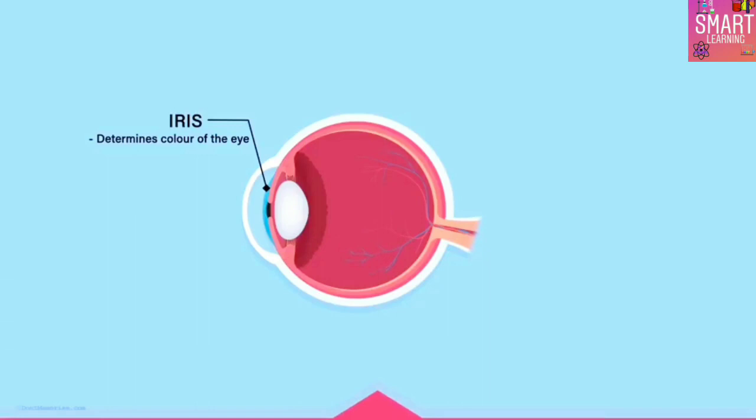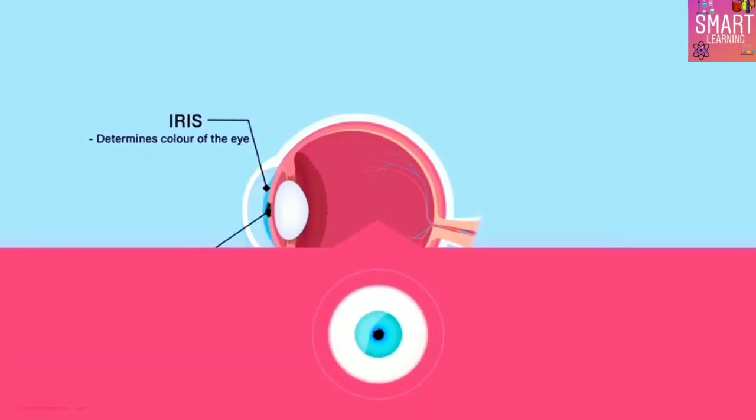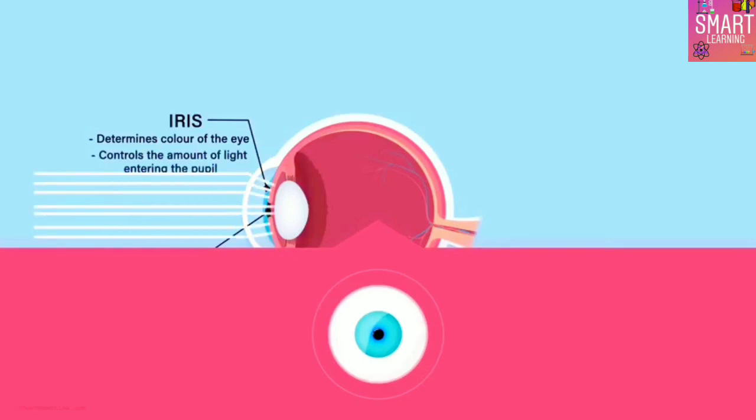Do you know what it's called? It's called the pupil. The iris actually acts like the shutter of a camera. It controls the amount of light entering the eye by enlarging or shrinking, and thereby adjusting the size of the pupil.